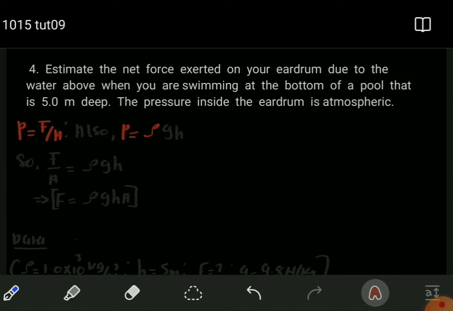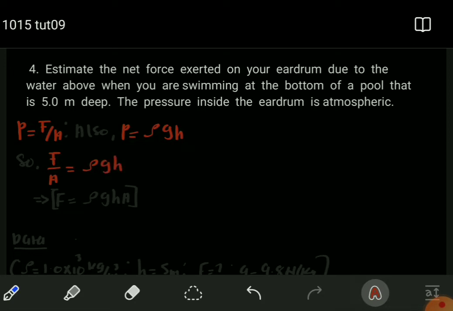So pressure can also be given as rho g h. So F over A is equal to rho g h.